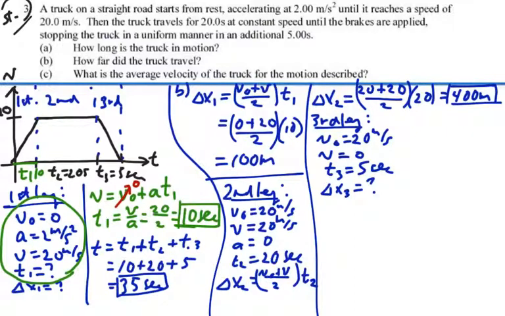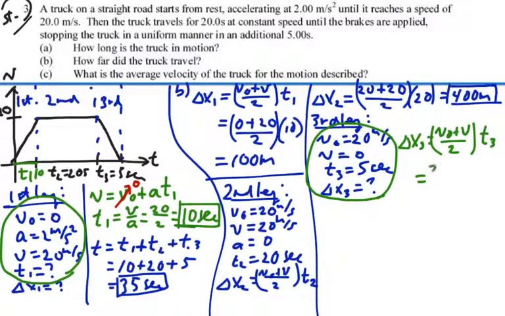But we have 3 kinematic variables given and a fourth one asked for. So based on that, our displacement will equal our initial velocity plus final velocity divided by 2, average velocity, times time. And this will be 20 plus 0 over 2 times 5 seconds, which is going to be 50 meters.